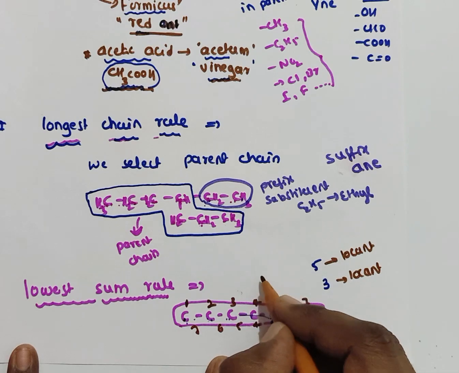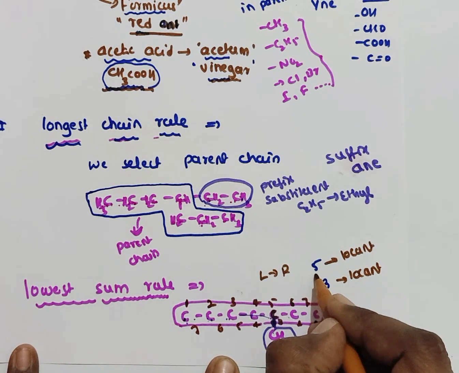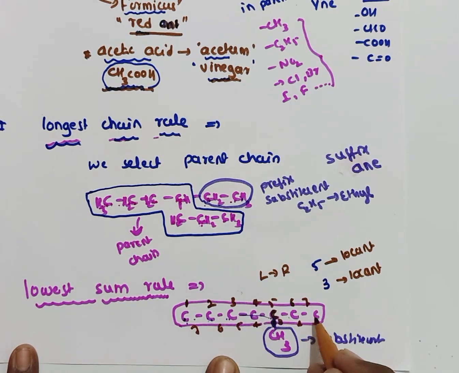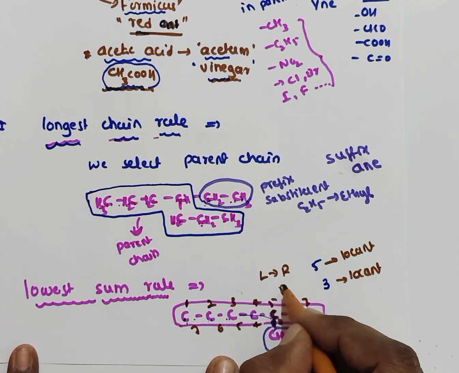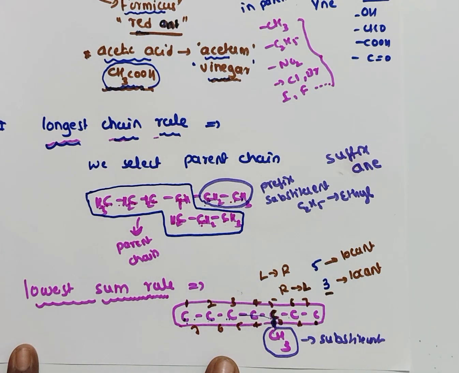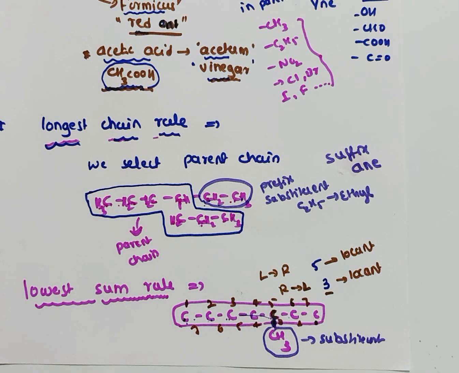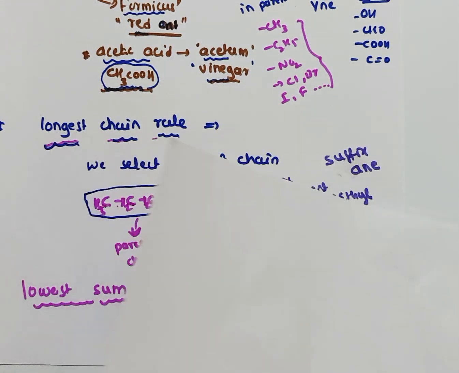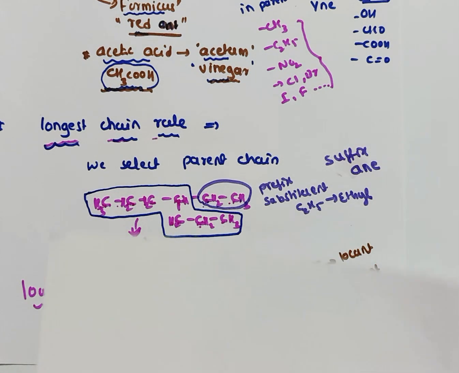So on numbering left to right, we get locant 5, and on numbering right to left, we get locant 3. Now we select 3. For carbon number 3, methyl is attached. This is the second rule, the lowest sum rule.